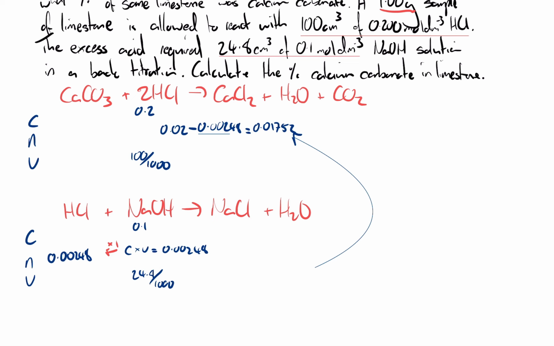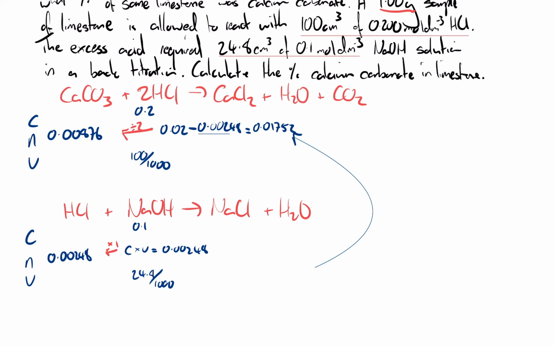We've got 2 to 1, in which case we need to divide by 2. So our moles of CaCO3 are 0.00876. So we've got our moles.